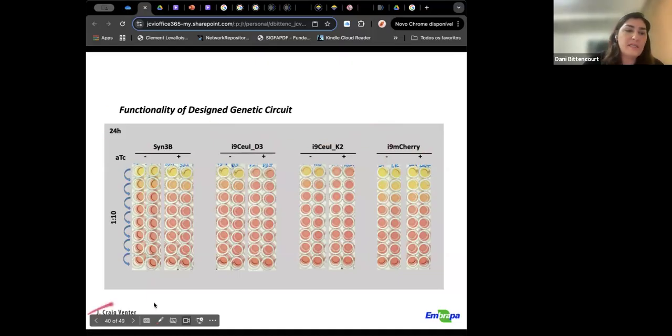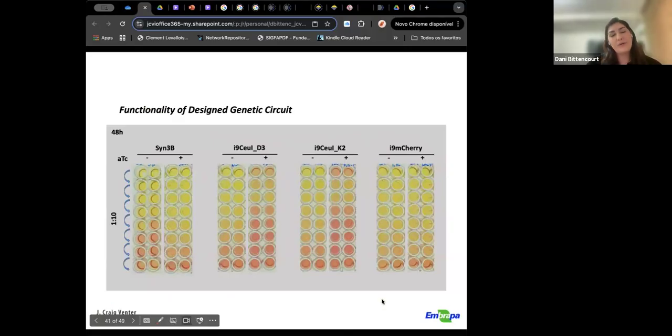After 24 hours we don't see growth at all in those cells, but after 48 hours, unfortunately, we see some growth.